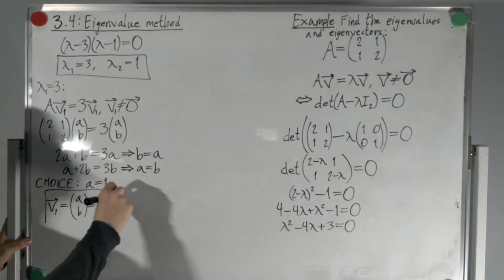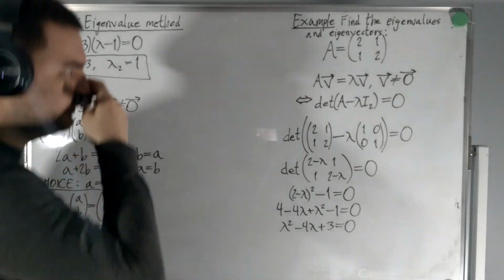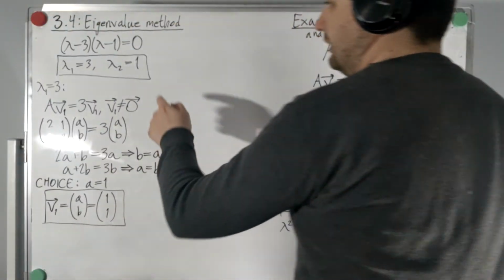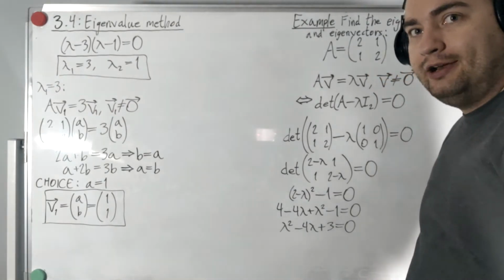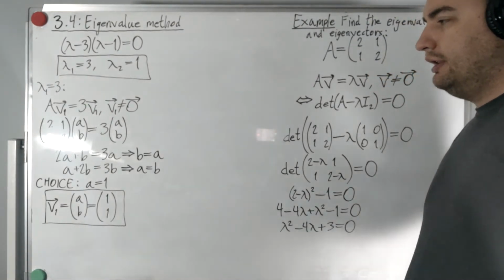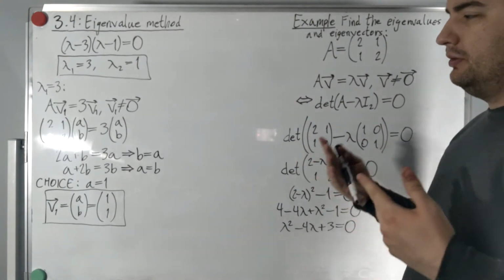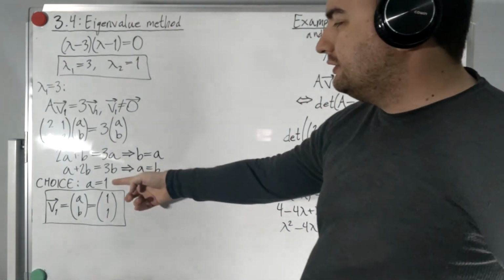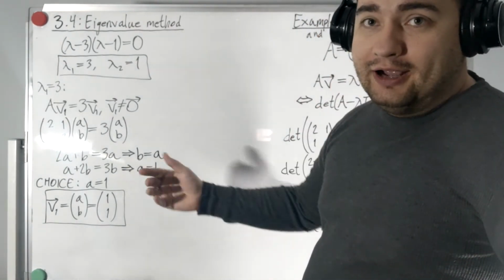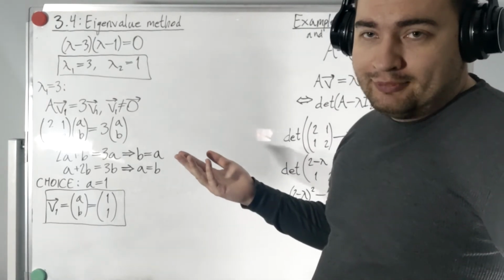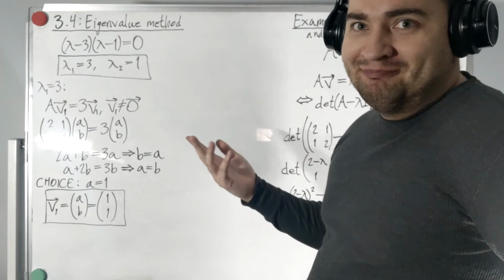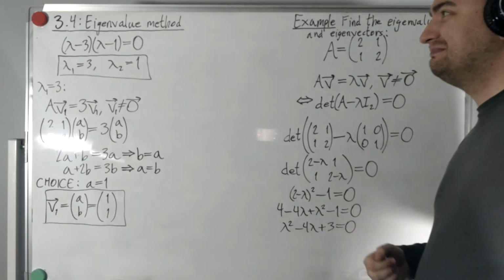So this right here is an eigenvector associated to this eigenvalue. Okay? And the truth is, as I said, we chose A to be 1. It didn't have to be 1. It could have been any non-zero number whatsoever. But let's just make it 1. Okay?